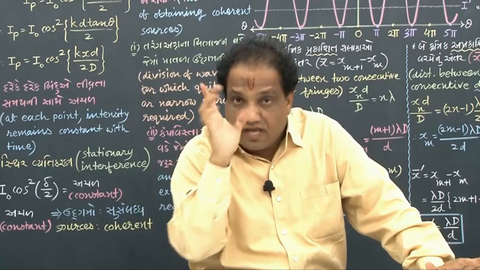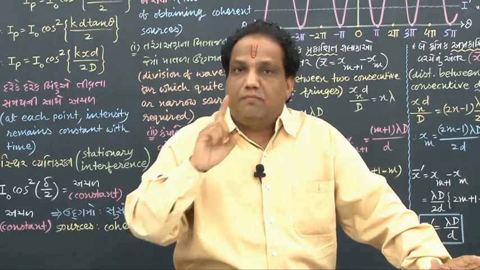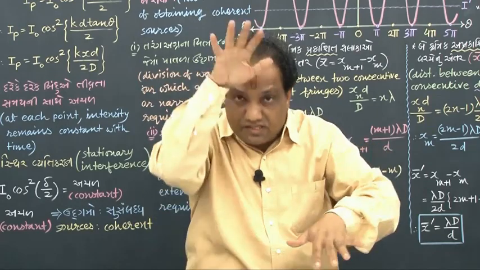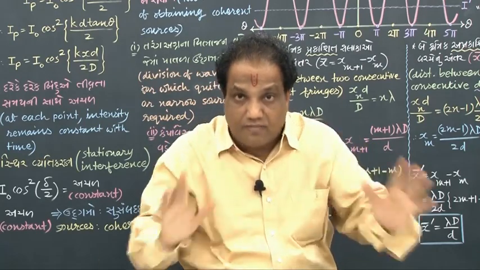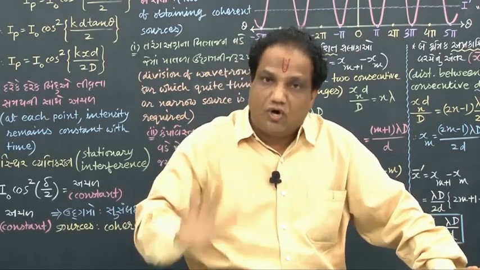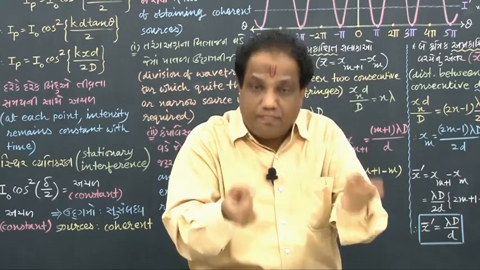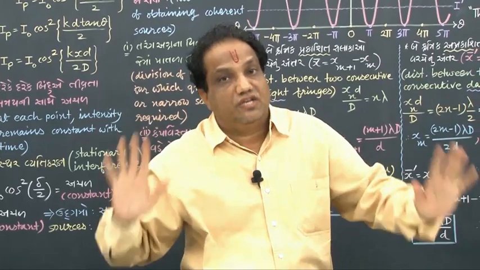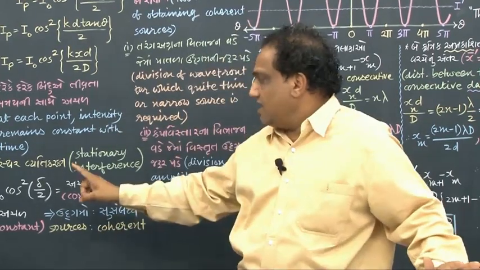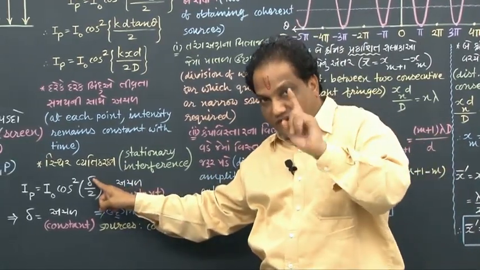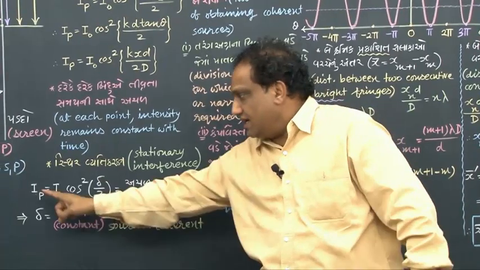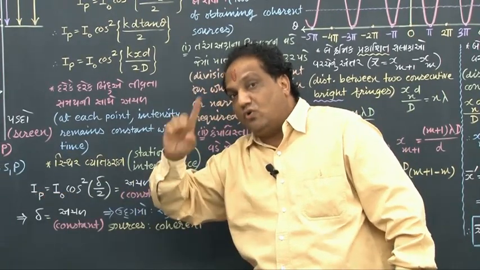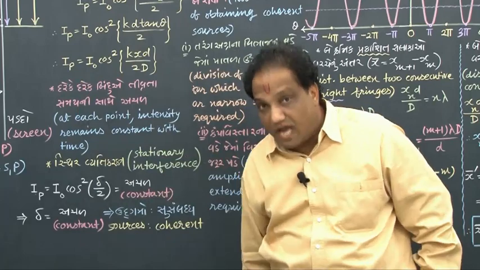At that time they will emit light waves. But because of random transitions, the light waves are also emitted randomly, and because light waves are emitted randomly, they have a phase difference between them constantly changing with time. If delta is changing constantly, then the intensity of light at a given point will go on changing constantly with time.